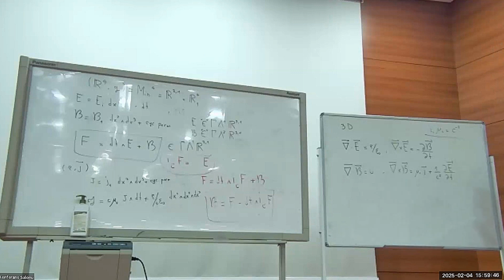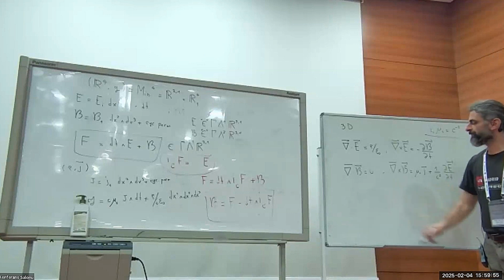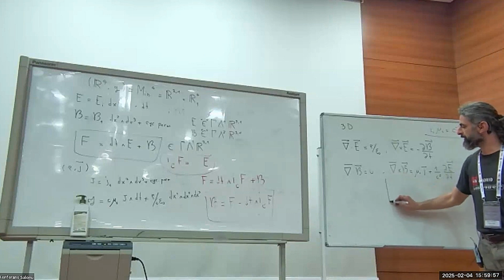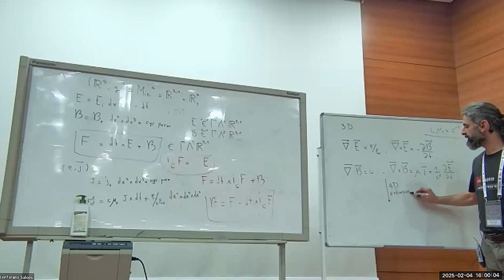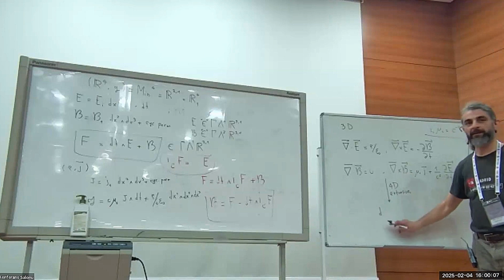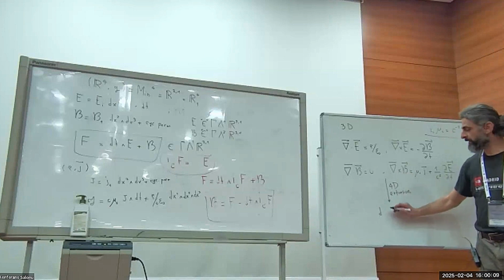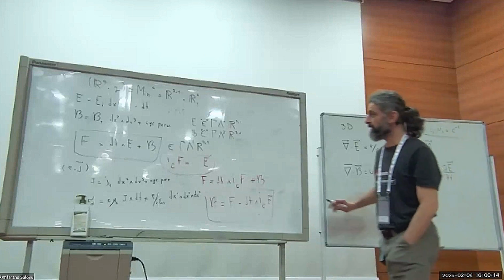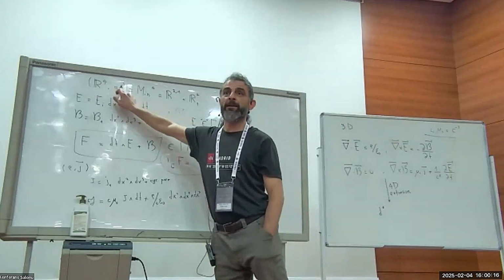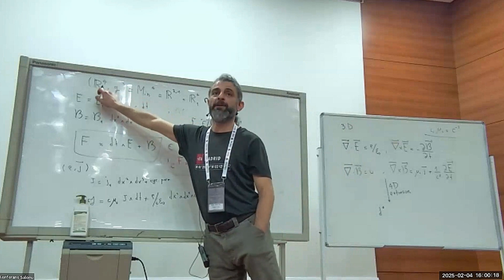So, here, four-dimensional extension. D, star, the four-dimensional Hodge star related with the Minkowski Lorentzian metric of R4.